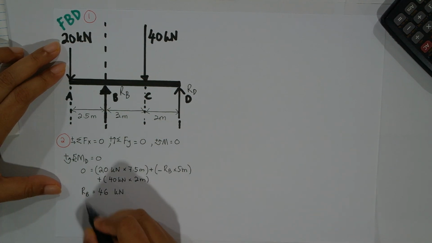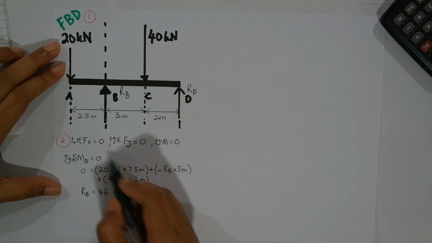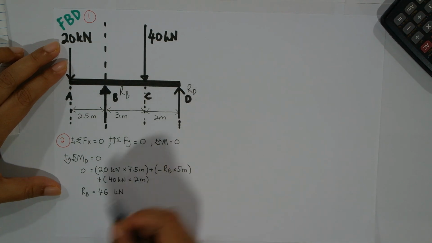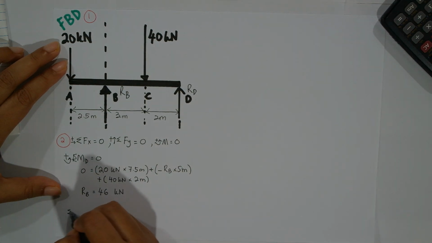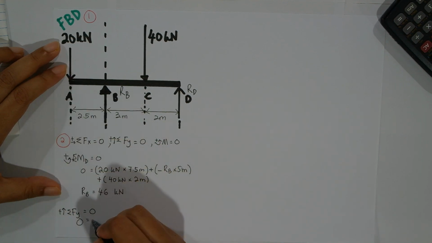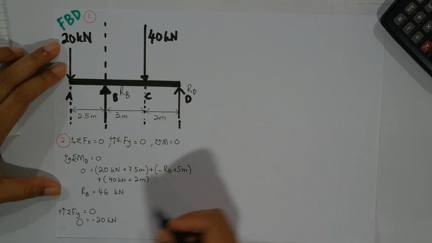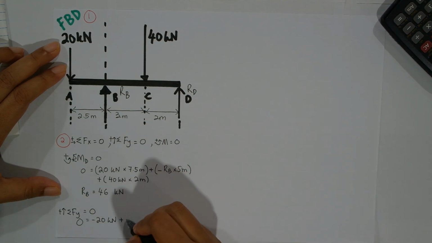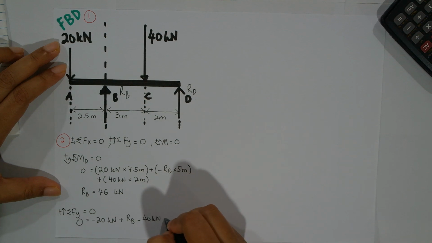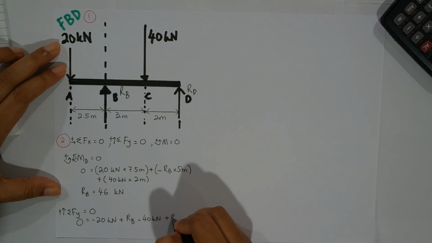Once you get RB, now we use the force equation to find RD. The default is that going up is positive, summation of Fy equals 0. So 0 equals negative 20 kilonewton going down, plus RB going up, minus 40 kilonewton, plus RD going up.